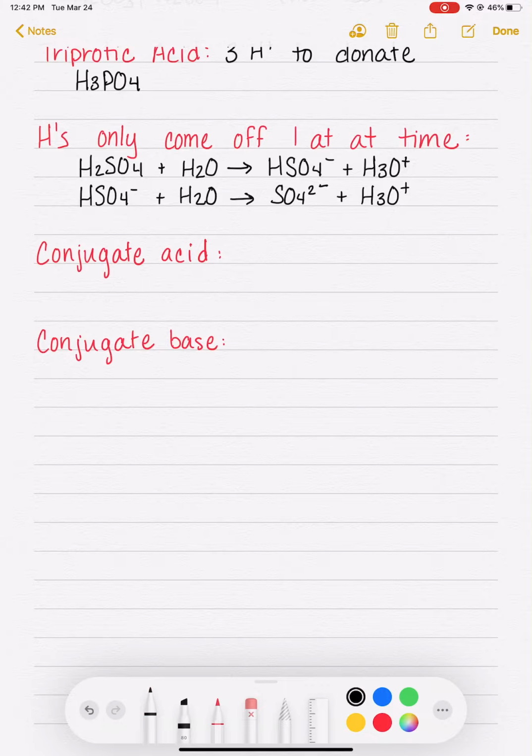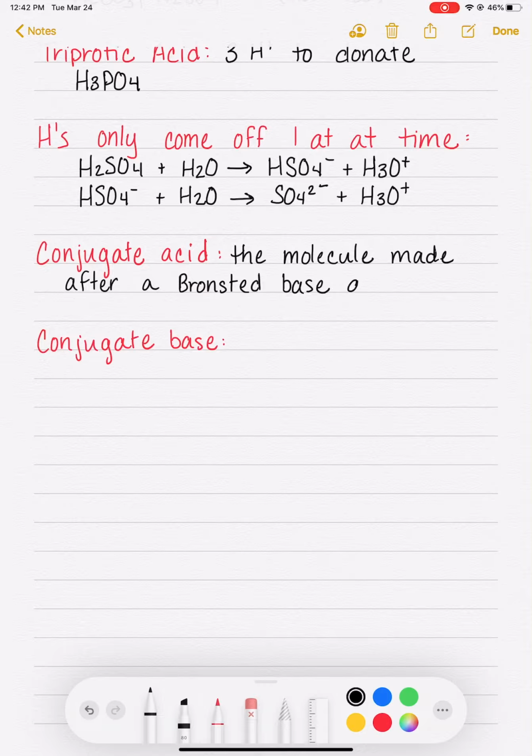A conjugate acid is defined as the molecule that is made after a Bronsted base gains or accepts a proton, an H+.